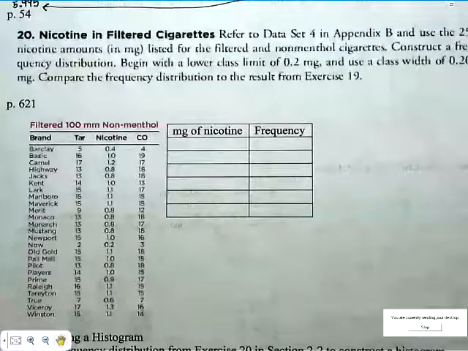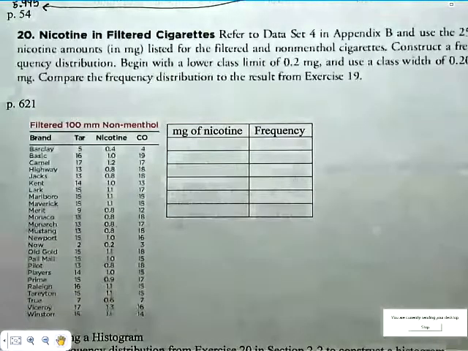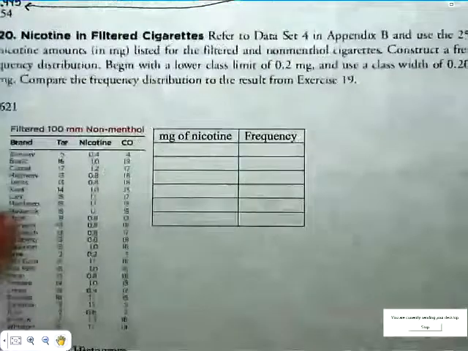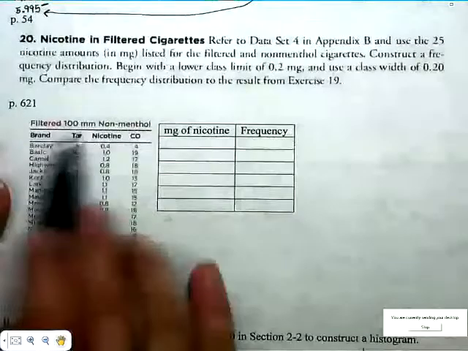This table has to do with the amount of tar and nicotine and carbon dioxide in cigarettes. Like Tony said, it made her want to quit smoking just looking at these numbers. We have, let's see, 25 brands of cigarettes, and these are filtered non-menthol cigarettes.